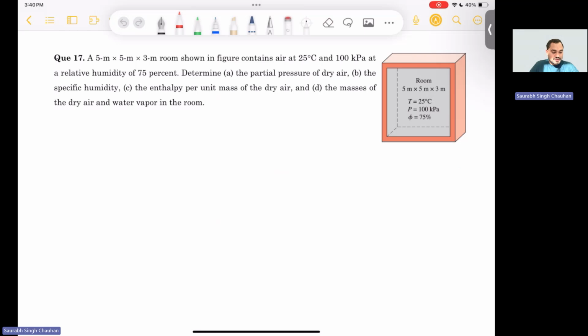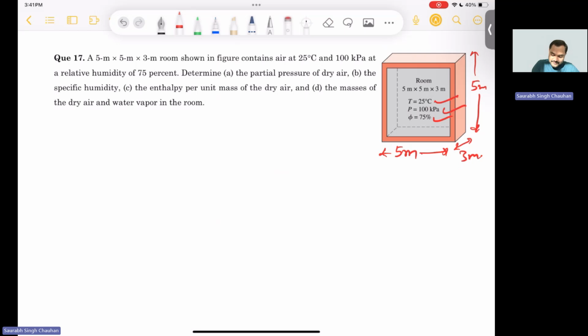Okay, so question number 17 says that a 5 meter by 5 meter by 3 meter room, as shown in this figure, contains air at 25 degrees Celsius and 100 kilopascal at a relative humidity of 75%.